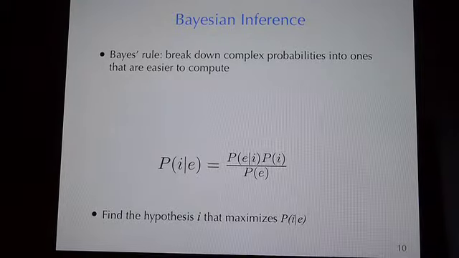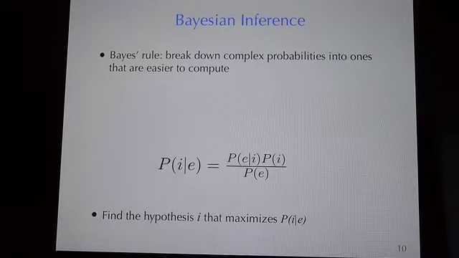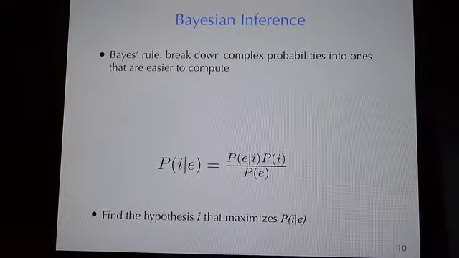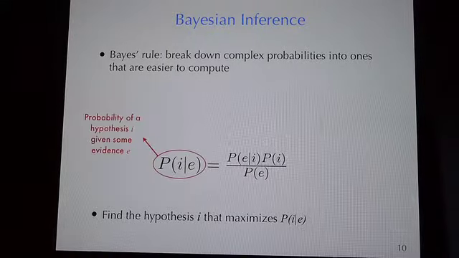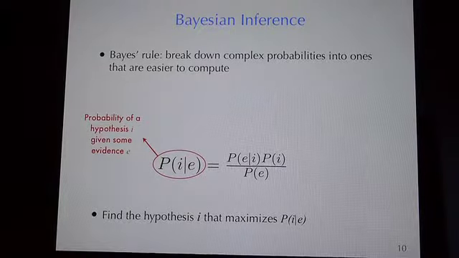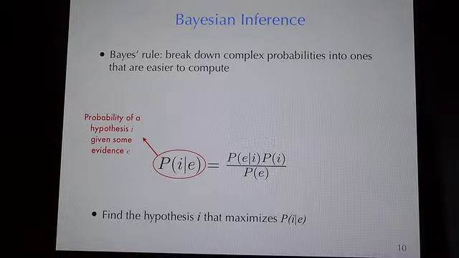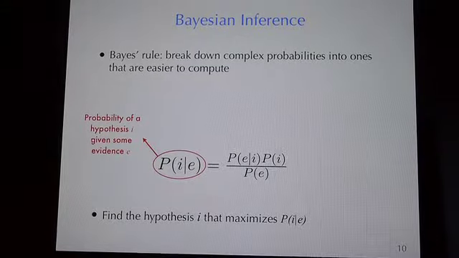So here we are talking about the probability of a given hypothesis, given some evidence. So how likely is hypothesis H given some evidence E? That's a conditional probability which we actually need in order to decide which program is more likely for Anna as a student.